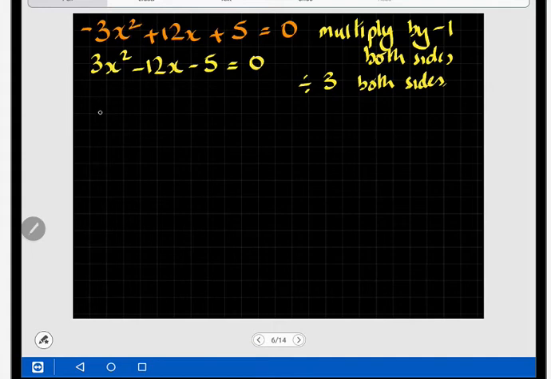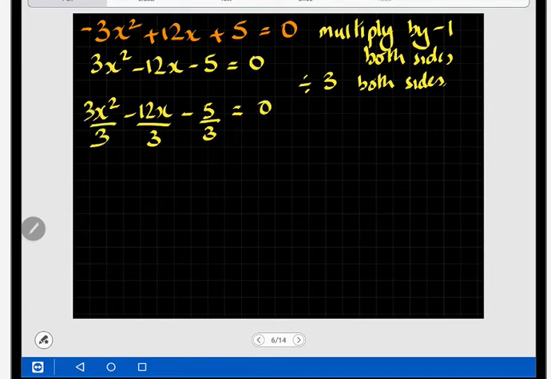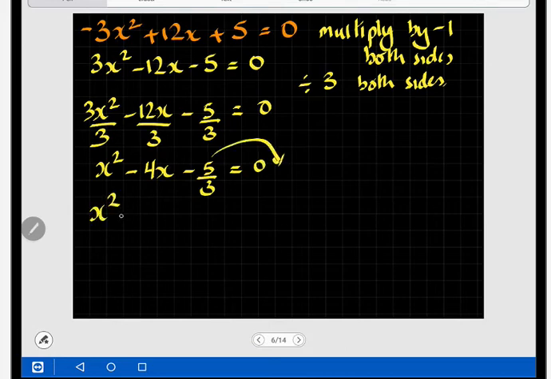Then it will become x squared minus 12x over 3 minus 5 over 3 is equal to 0. Right? Then that will become x squared minus 4x minus 5 over 3 is equal to 0. I take this, I'll bring that here. It becomes x squared minus 4x is equal to 5 over 3.